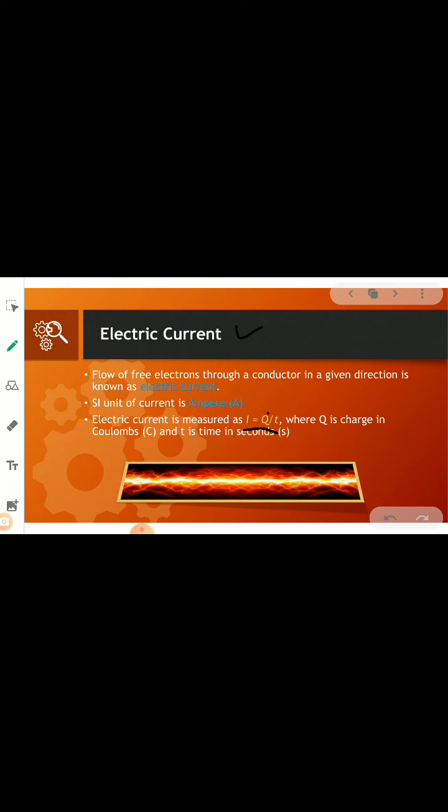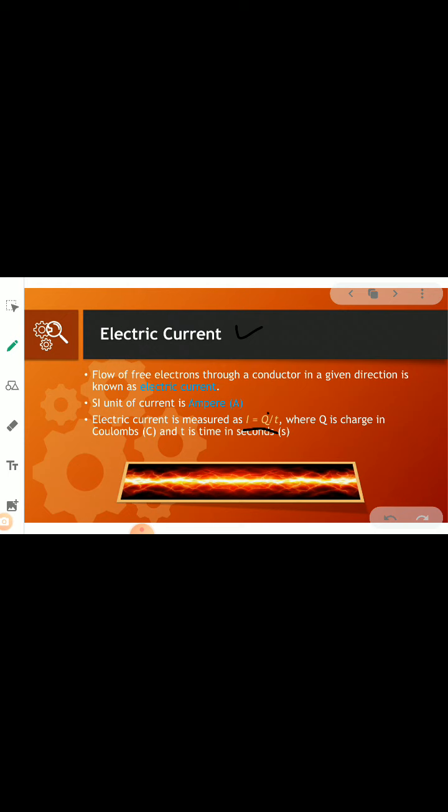So electric current is equal to charge divided by time. Q is the charge, whose unit is coulomb, denoted by the symbol capital C, and time T is in seconds.